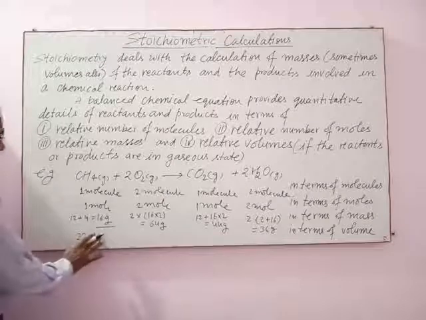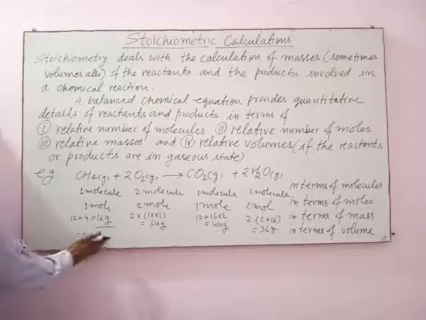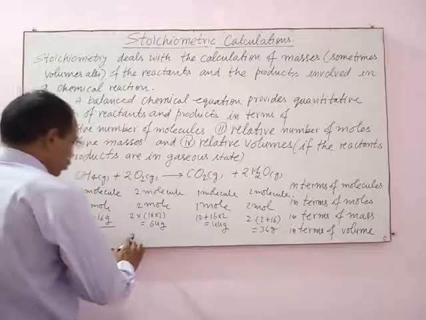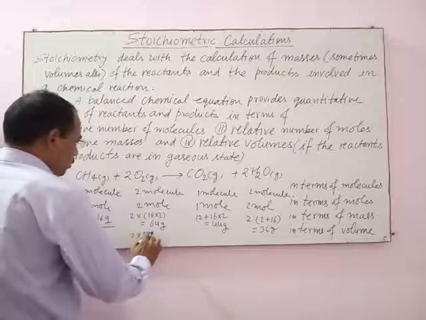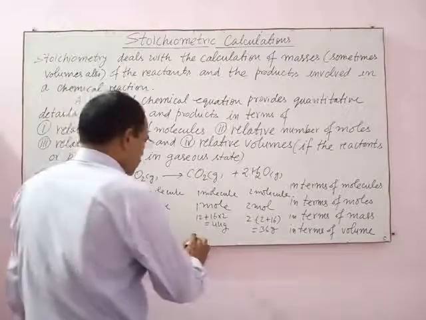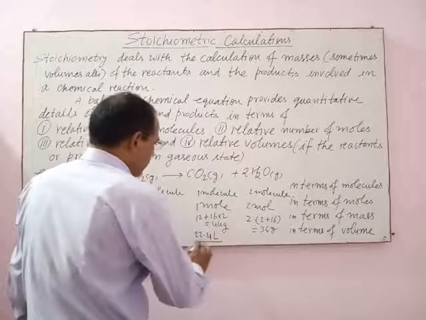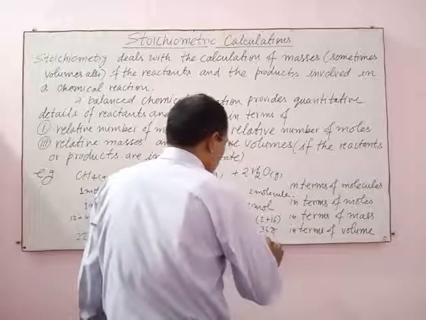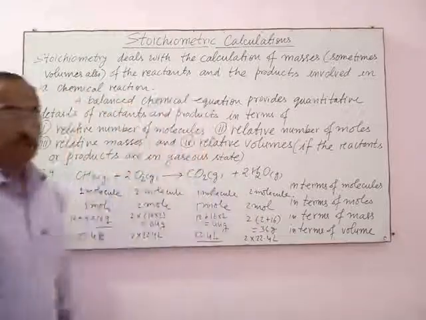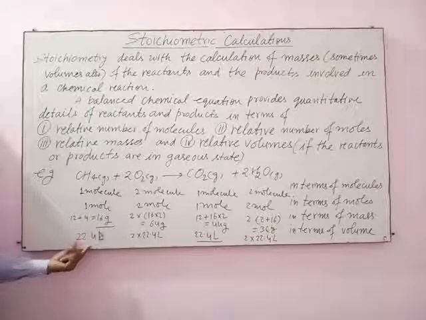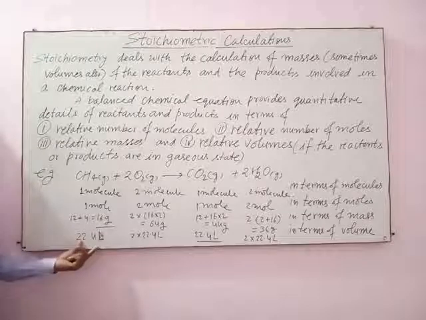It means 22.4 liter of methane reacts with 2 into 22.4 liter of oxygen, gives 22.4 liter of carbon dioxide and 2 into 22.4 liter of H2O gas. This volume, 22.4 liter at STP, is known as molar volume.